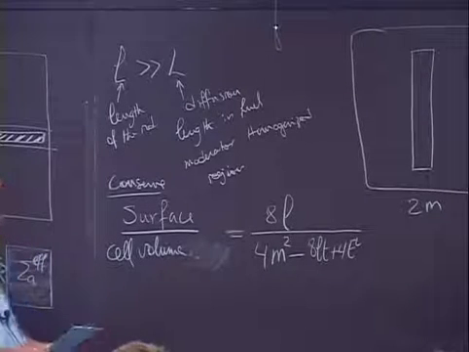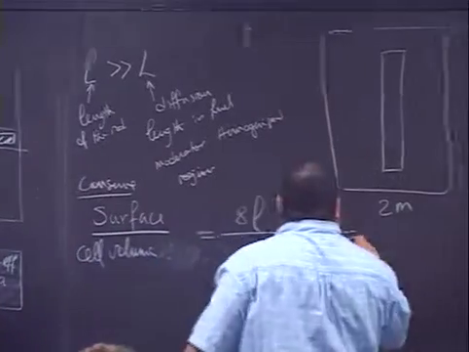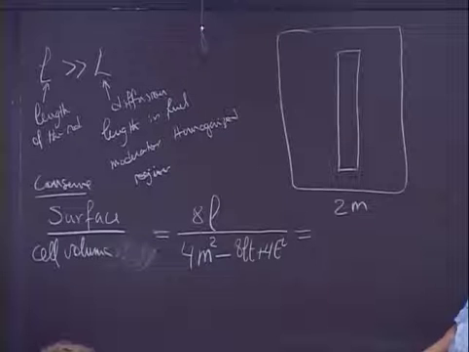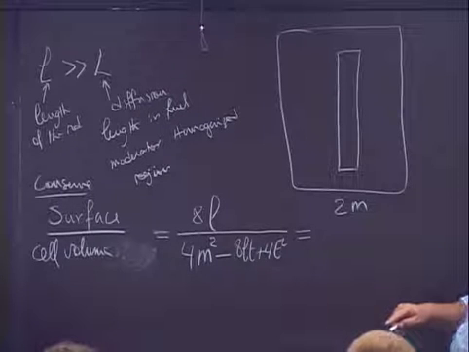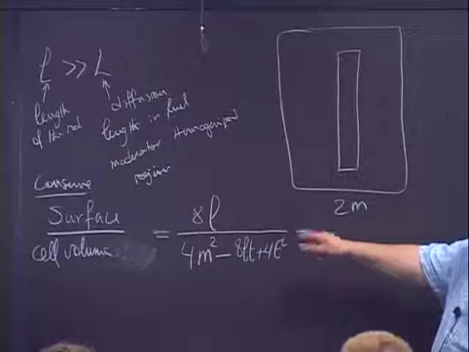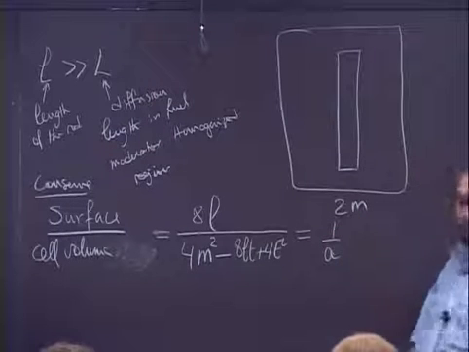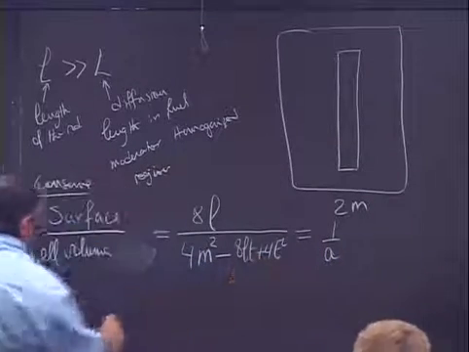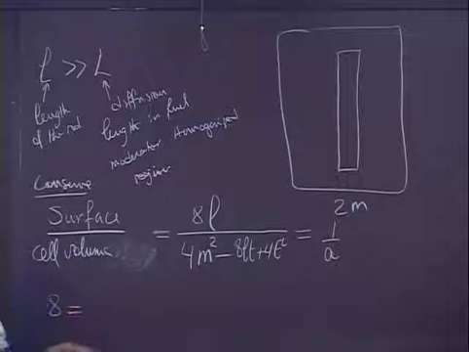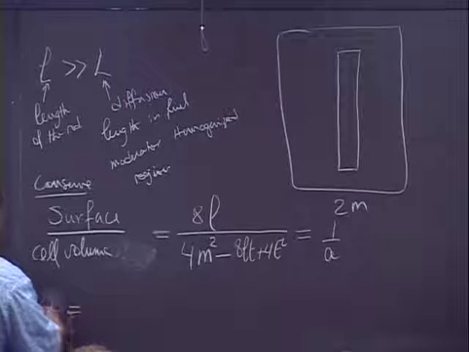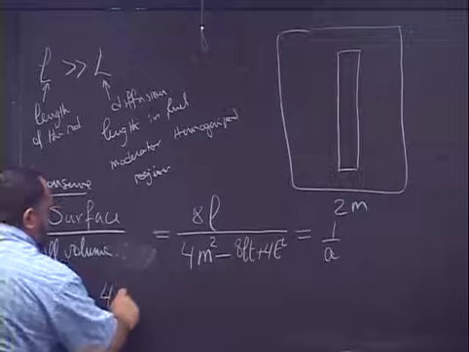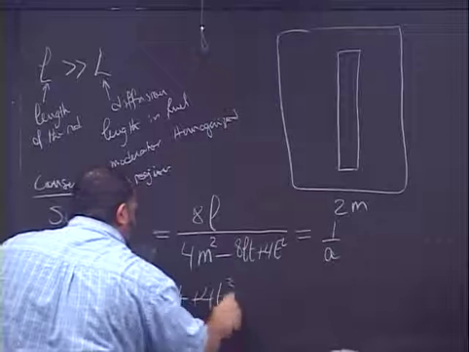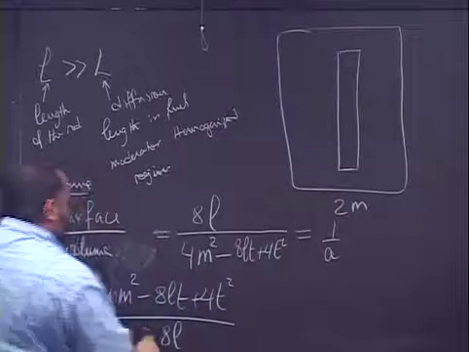Now, what's the ratio of surface area to volume? A unit of area to a volume is a unit of inverse length, so I will call this 1 over A. So what's A now? It will be 4m squared minus 8lt plus 4t squared, divided by 8l.